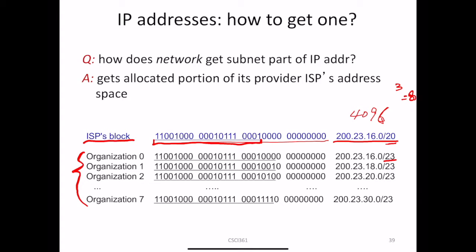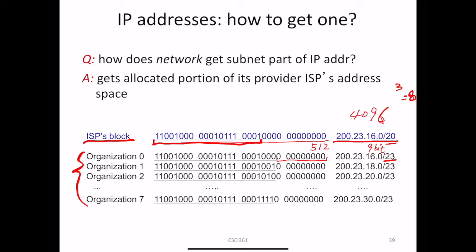So this whole block provided by the internet service provider can be divided into 8 portions. Each one can support 512 IP addresses, because the host part for each organization is 9 bits. After you do the calculation, you will know it can support 512 IP addresses.